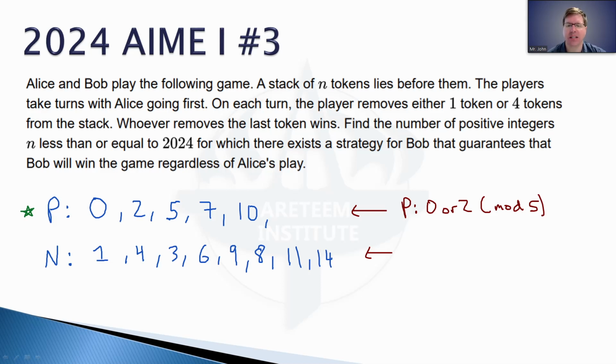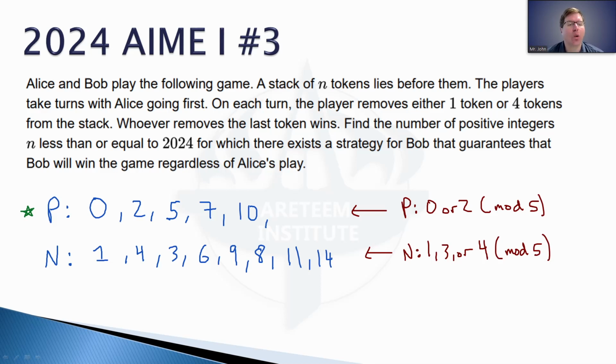So 5, 10, 15, 20, 2, 7, 12, 17, things like that. And the N positions are the other. So 1, 3, or 4 mod 5.